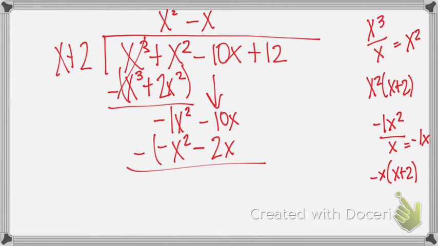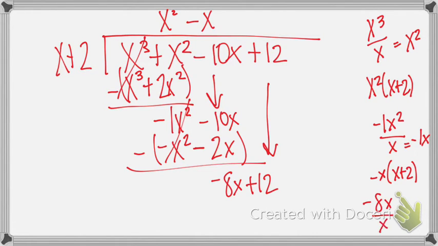When I subtract, these cancel, and I'm left with negative 8x. I bring down that positive 12, and I say negative 8x divided by x is a negative 8. And then I multiply, and I get negative 8x minus 16.